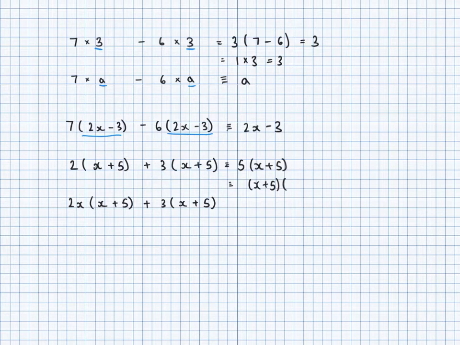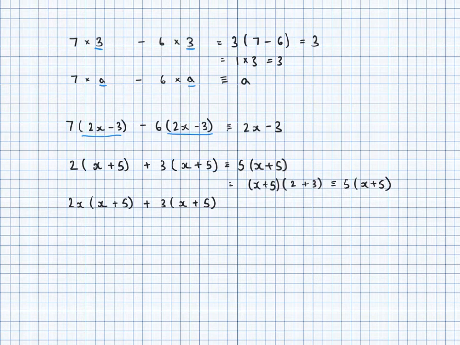So I need to do 2 add 3 here. Now notice how the x plus 5 would multiply to the 2, the x plus 5 would multiply to the 3. That's what I'm looking at here. Now 2 add 3 is just 5. So this is just 5 lots of x plus 5 as I have above there. So it's going to be 5 times x plus 5.